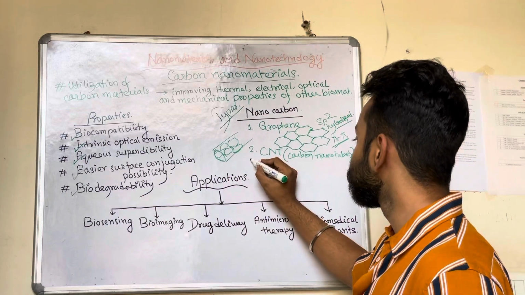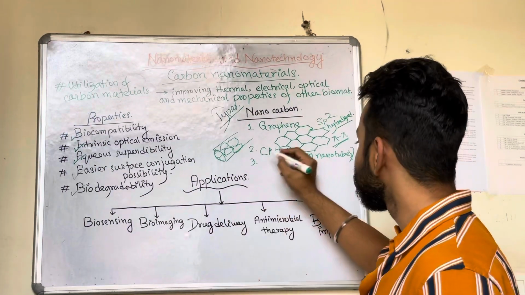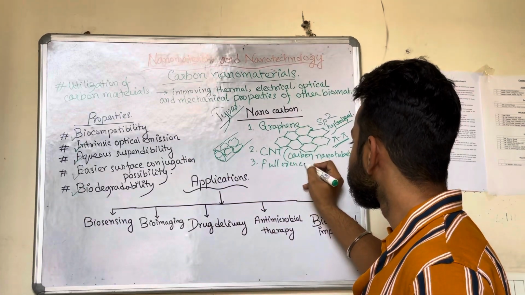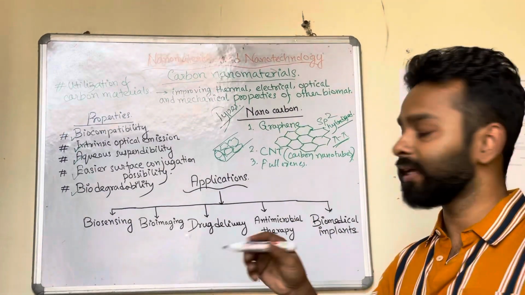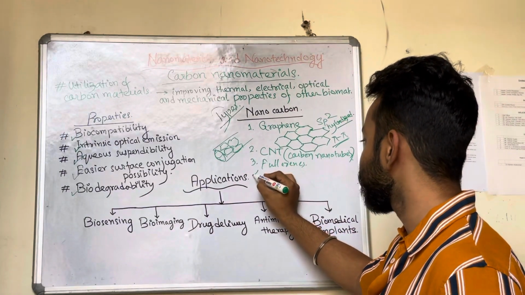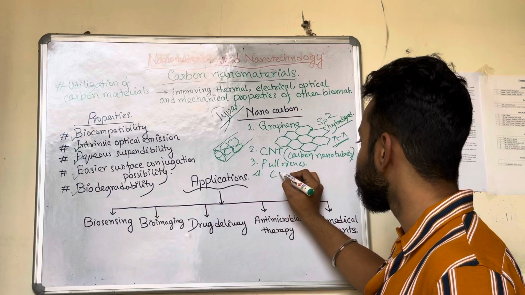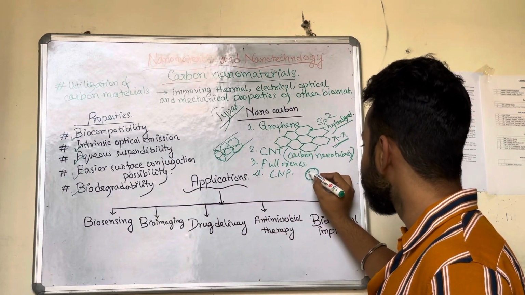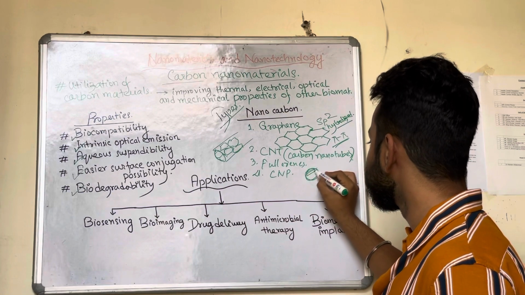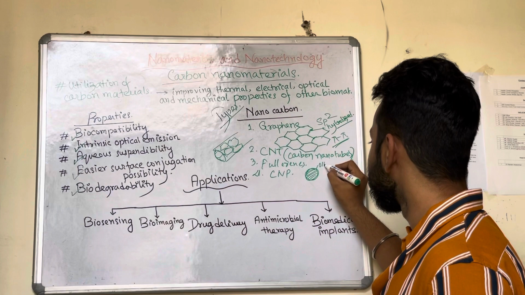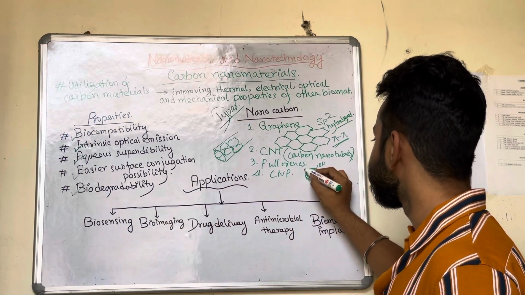The third one can be the fullerenes. The fullerenes are the spherical structures of the carbon nanomaterials, and these also have specific applications. And finally, we have the carbon nanoparticles, which are assumed to have a spherical morphology with different functional groups attached on their periphery.